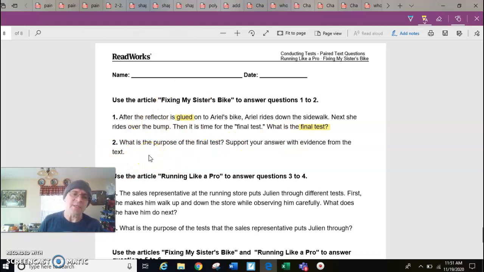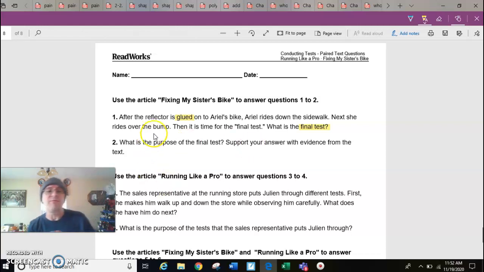In order to compare two texts, you've got to use the strategy of going back to the text to find those answers. You got to do it twice, right? You got to do it for the one text, then you got to do it for the other text when you're comparing. And that's where it gets dicey, because sometimes, let's be honest, we get lazy and we don't do it for one text.